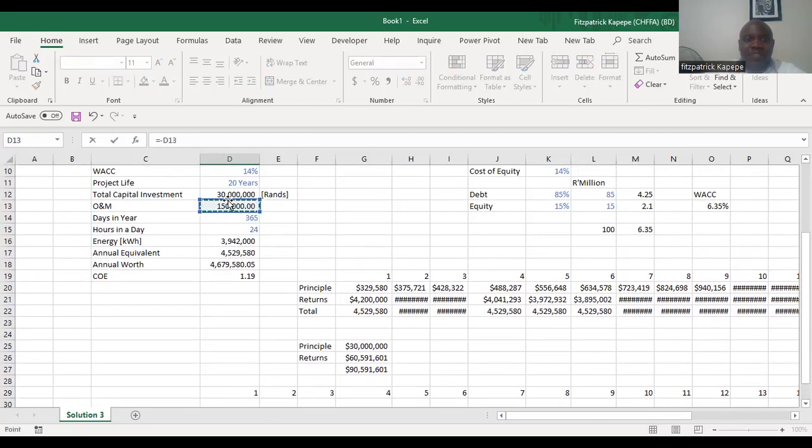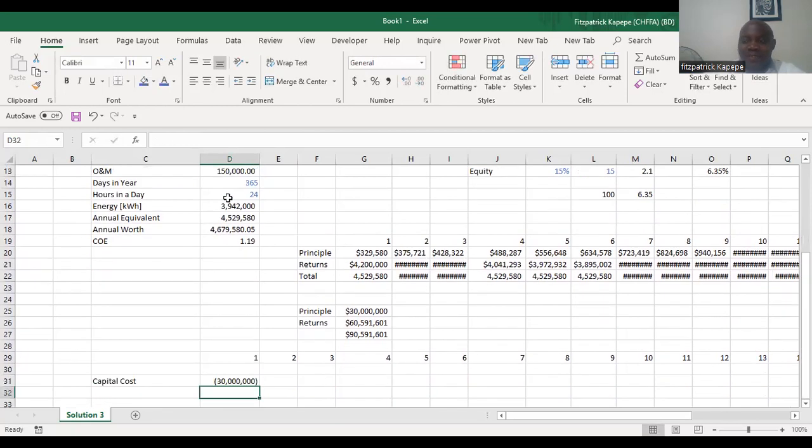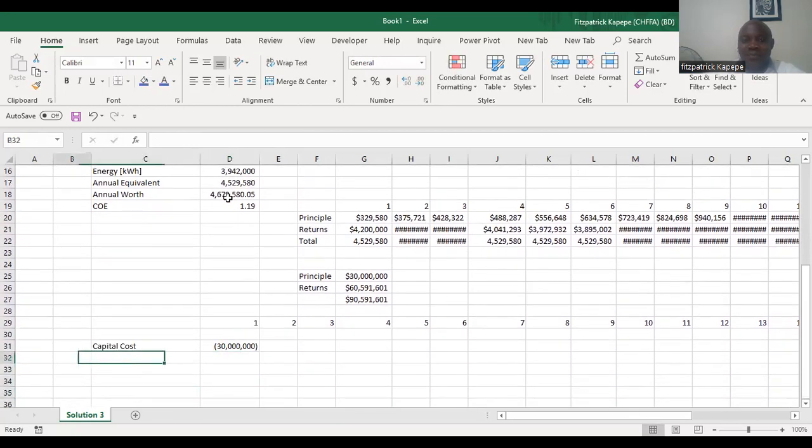At this point, you are even relaxed if it is in the exam. Your O&M starts in year 1, which is your year of commercial operation. If anything, there's no need of having them as negatives because they are all costs anyway.